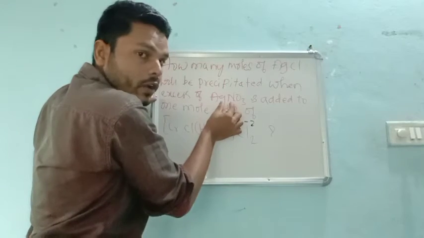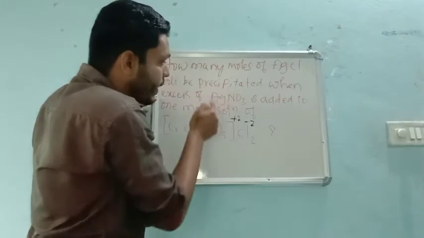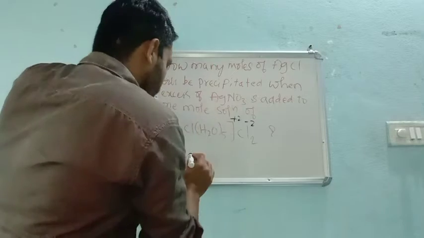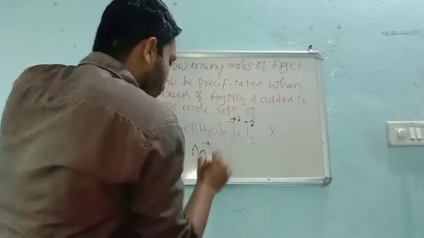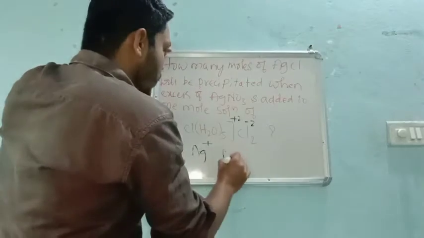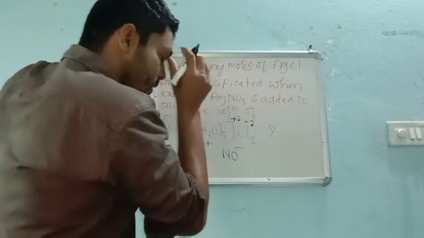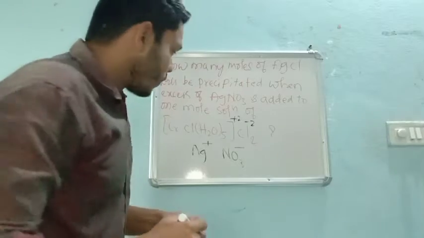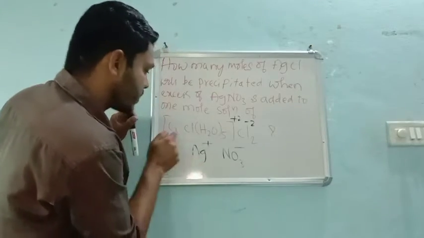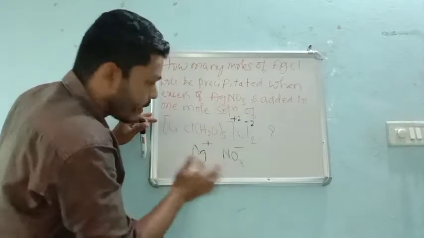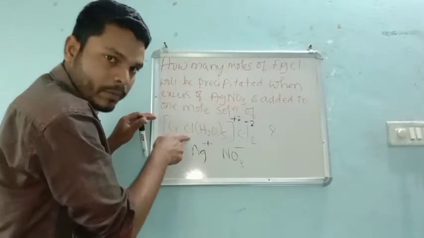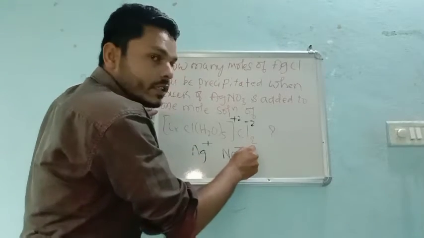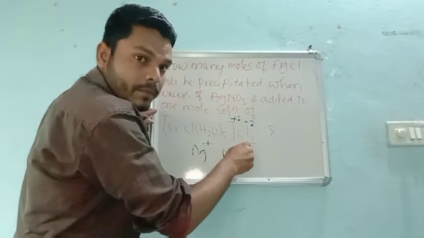We are adding an excess amount of Ag. Ag is a positively charged species, and NO3 is a negatively charged species. So whenever we add this compound to this complex, definitely this Ag will go and react with this Cl.